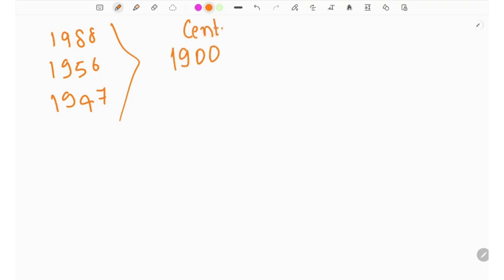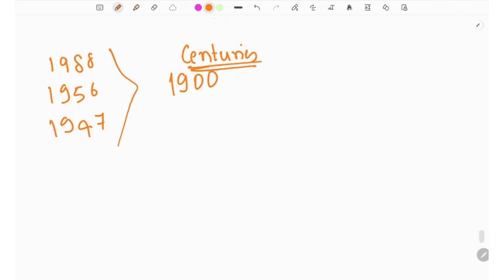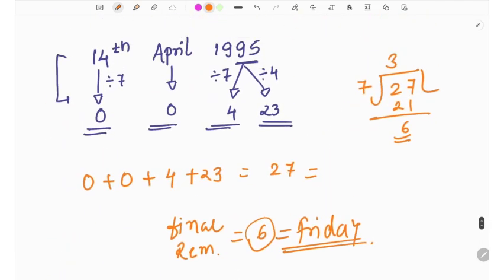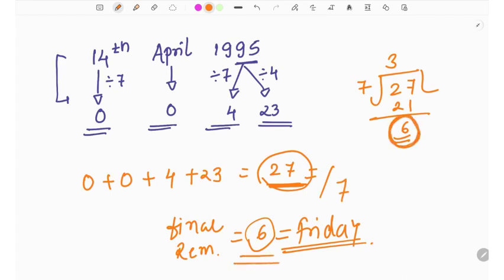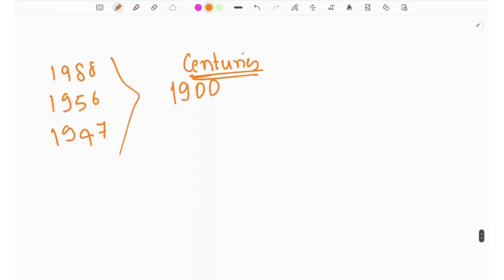So in the case of these questions, we have taken the final summation. Just look at the previous question once again. We have taken the final summation and divided it by 7, correct? And after dividing it by 7, we considered the remainder, and the remainder was considered to be the final remainder.